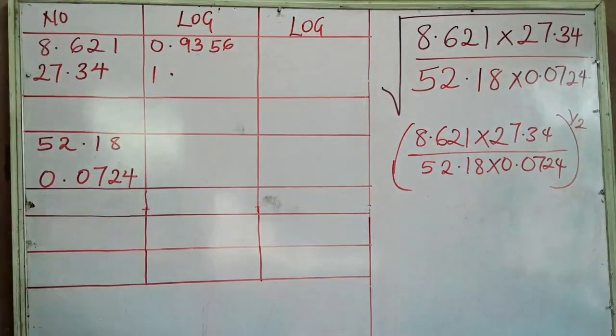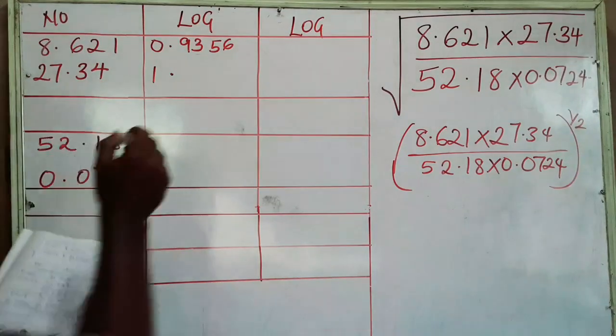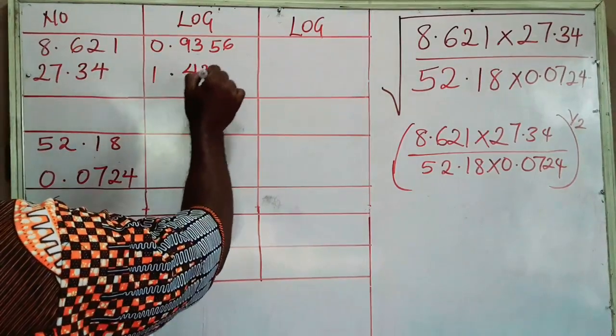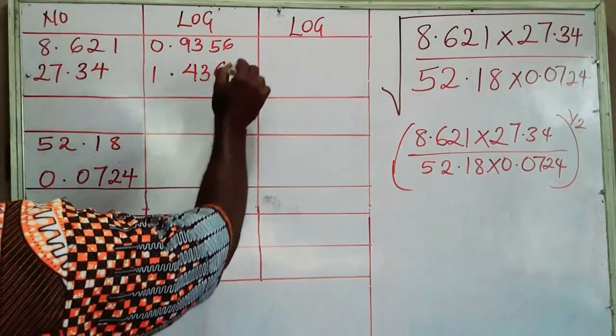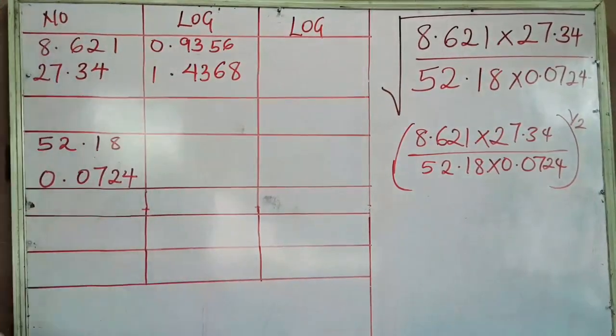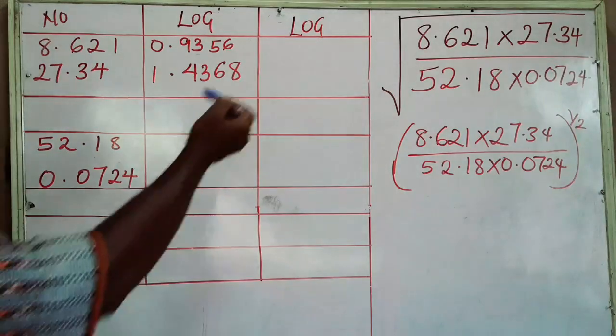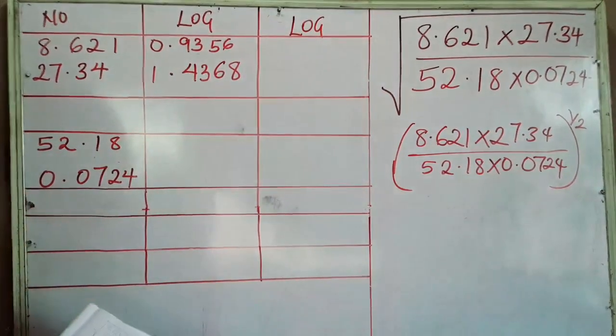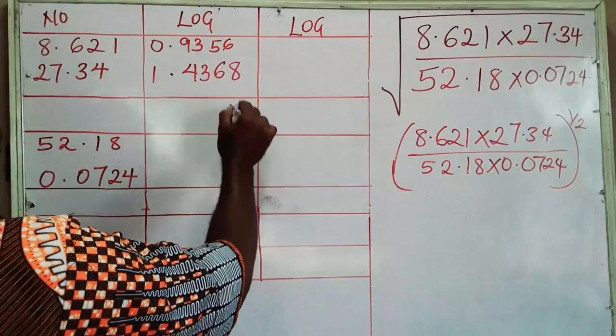So we have 27. You find the logarithm of 27 under 3, difference 4. When we find it, we have 4368. So let's add it together. 6 plus 8, that is 14.